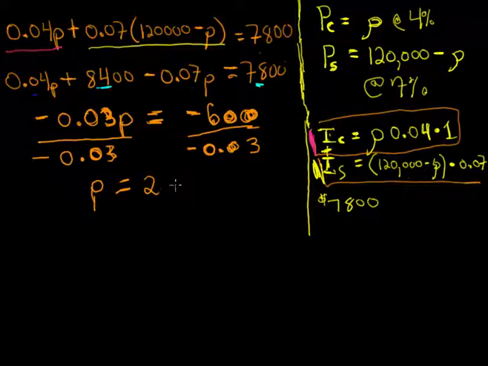And so it looks like she invested 20,000 in the CD, but in the stock, she invested 120,000 minus P, or 100,000.